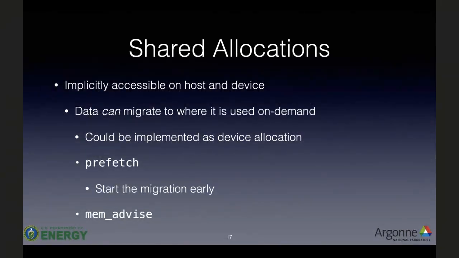So a conforming implementation of SYCL can just do the same thing and do it over a bus to give you access to it. There's also a prefetch call if you want to say, okay, I've allocated this memory and I'm going to use it on a device. You call prefetch so that the data can start going to the device. By the time you actually need to use the data, it's there.